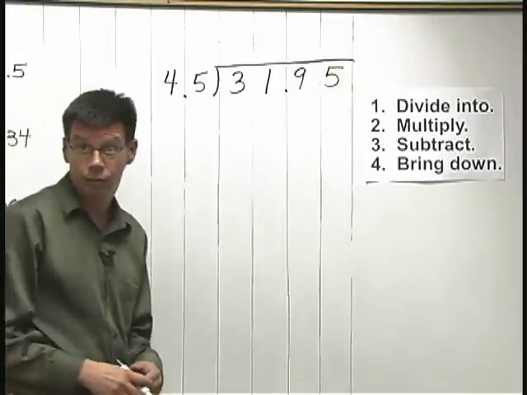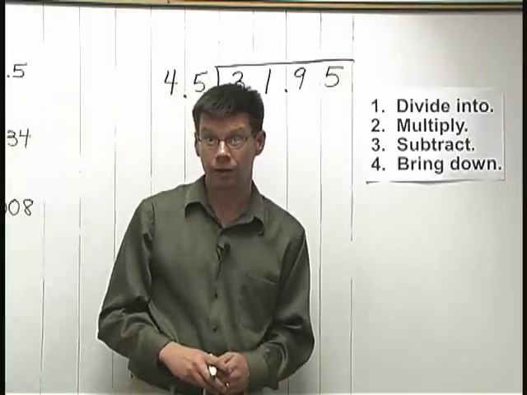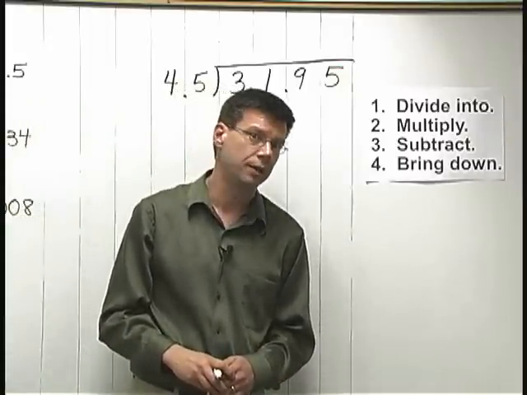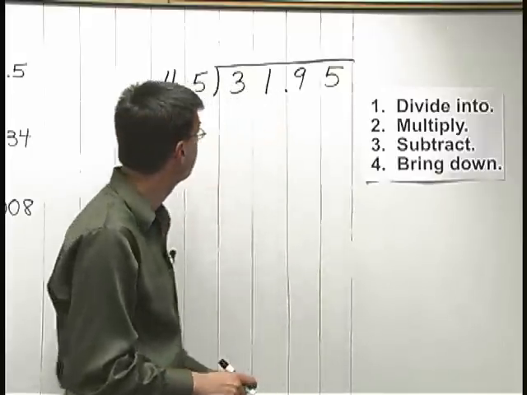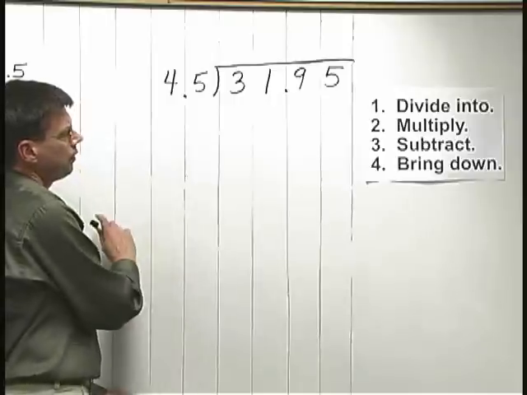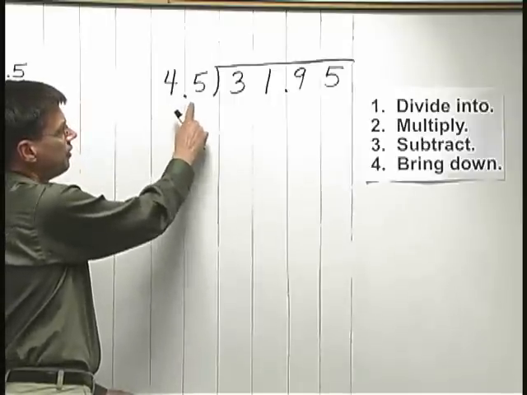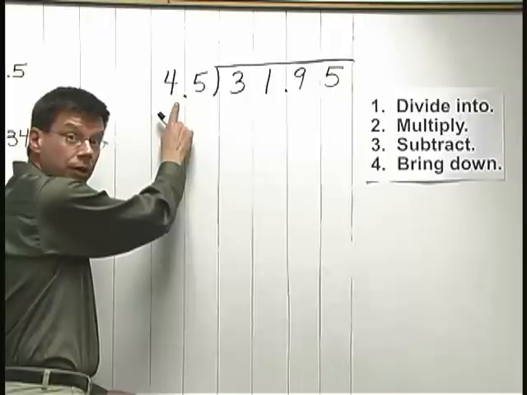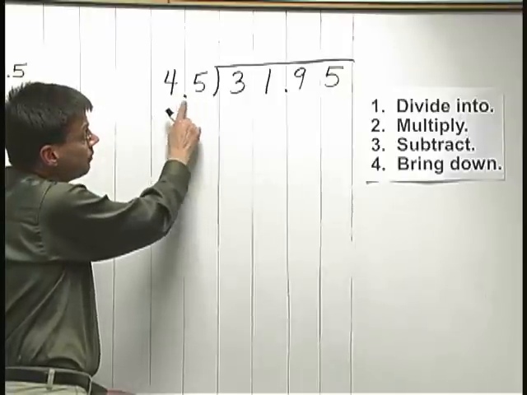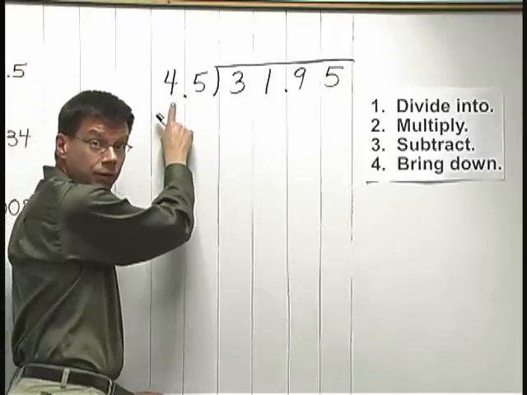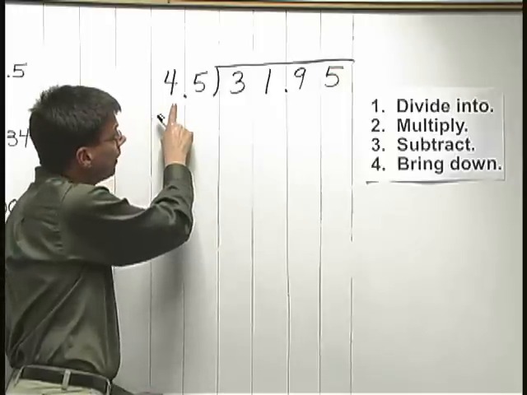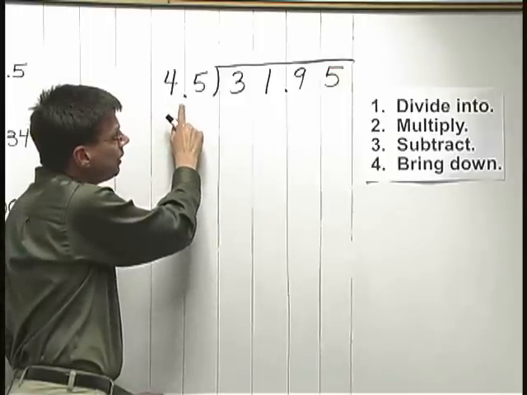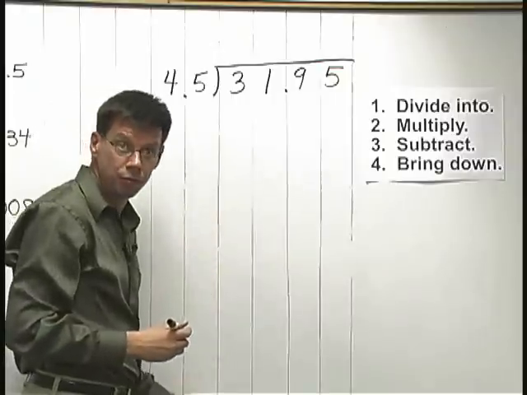Before we get started with the long division process here, we have to talk about the placement of the decimal points. Turns out that the long division process cannot be applied if we have a decimal number in front of the long division box. However, that doesn't mean that there's no way to solve this problem.